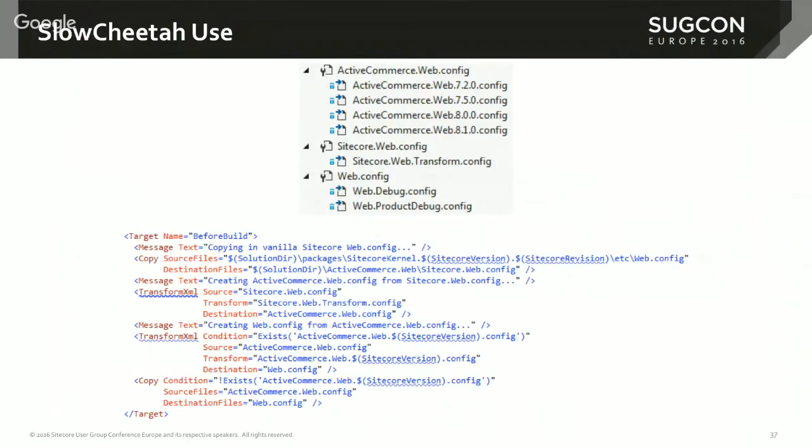So we can grab that base Sitecore web config, apply Active Commerce specific transforms to it, apply Sitecore version specific Active Commerce transforms to it, and then ultimately have a web config that we can then apply further build-specific transforms. So the web config is going through a lot of transforms there, and ultimately our web config doesn't sit in source control at all, since it's essentially being dynamically created.